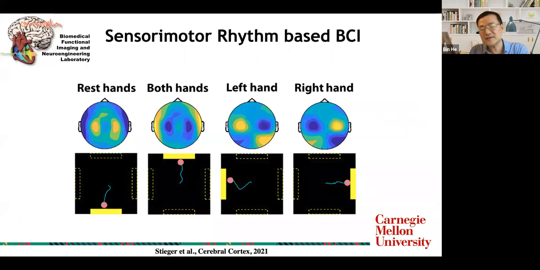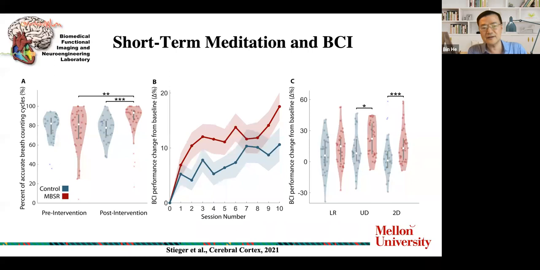Sorry for advancing too fast. This slide illustrates the main result. First of all, we did a breath counting task on all the subjects.